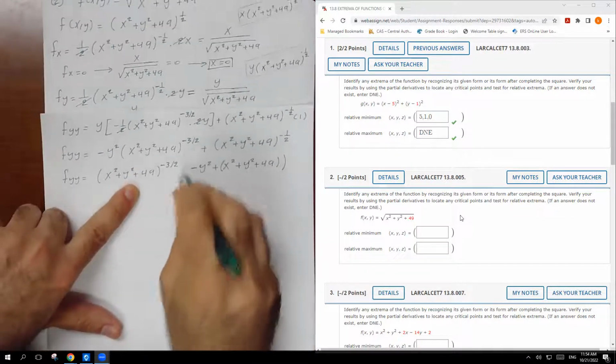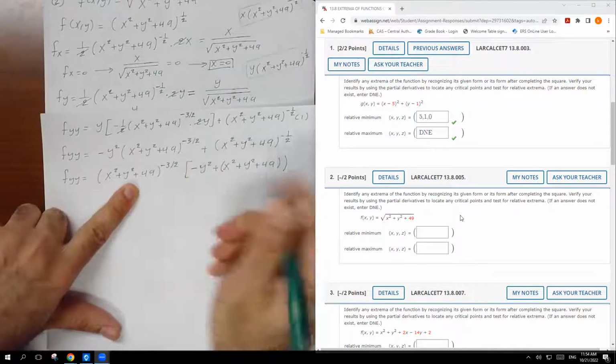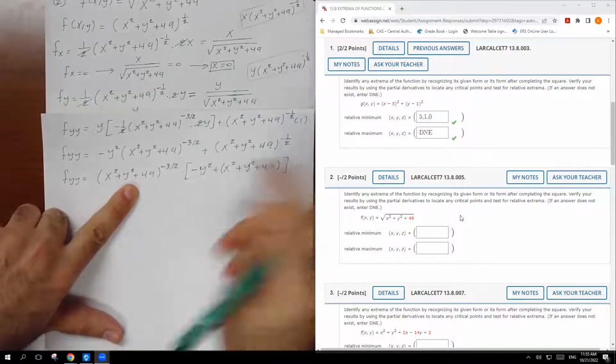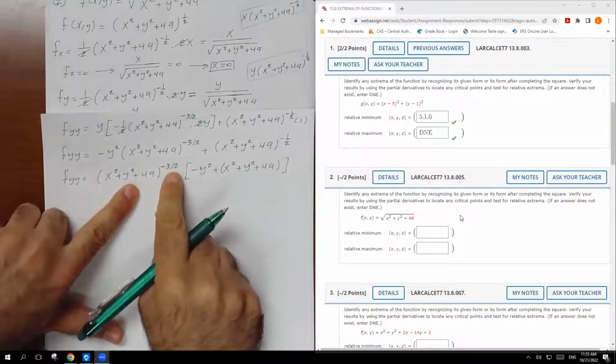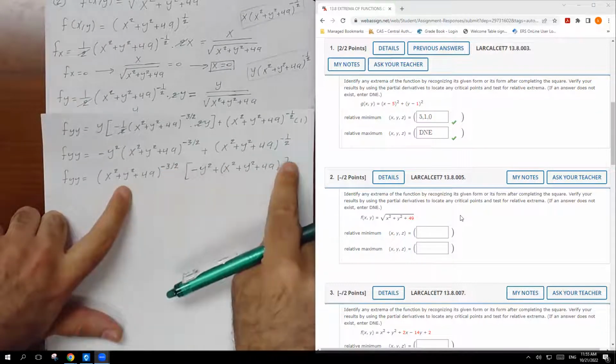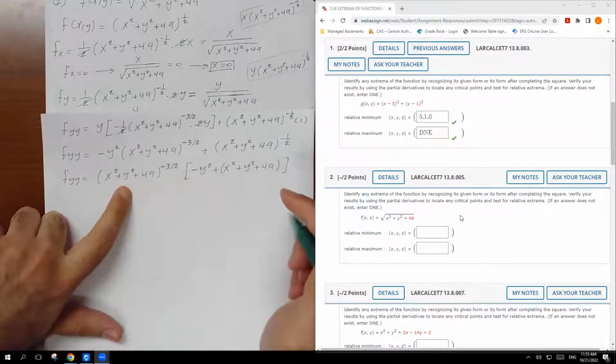Let's put this in a bracket so you can see. Now, negative 3 over 2 plus 1, because you're multiplying these two bases, you add the exponents, so it's going to be negative half.